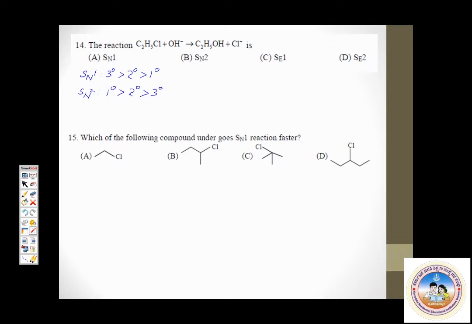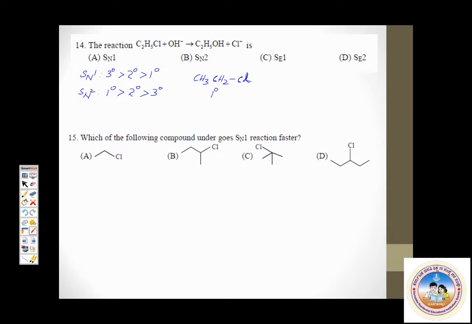Okay, so please understand this. If the carbon atom which is attached to halogen has 2 hydrogens attached to it, then it is a primary alkyl halide. If that carbon has only 1 hydrogen, then it is secondary. If that carbon which is attached to halogen has no hydrogen at all, then it will be tertiary.